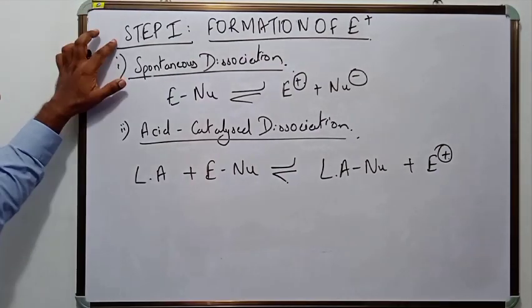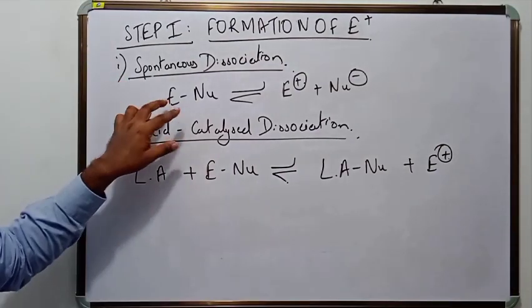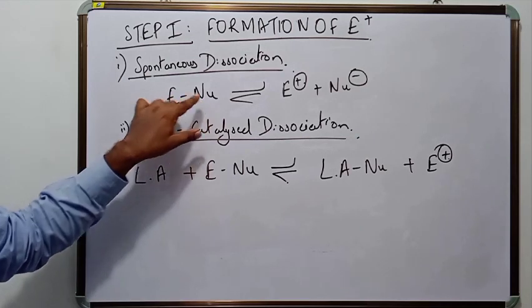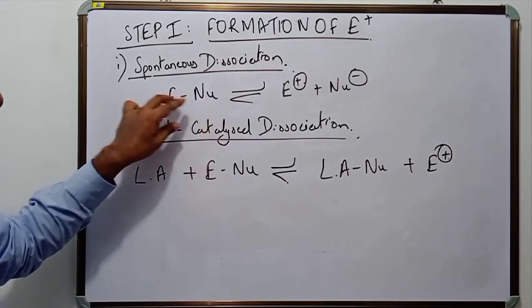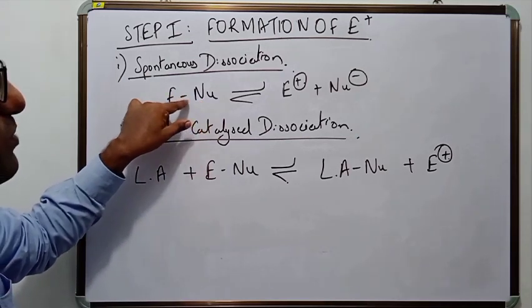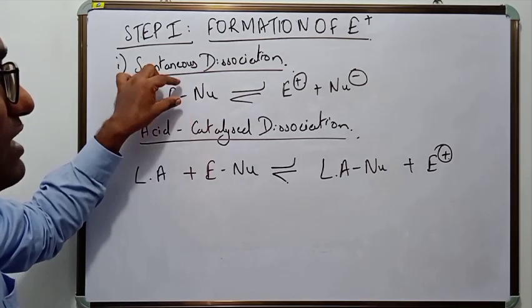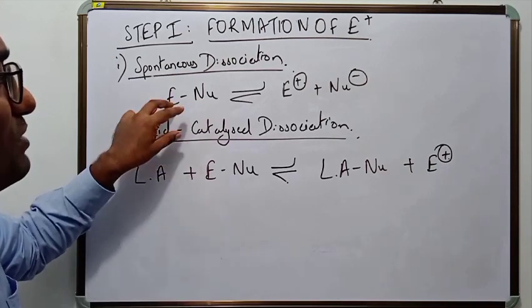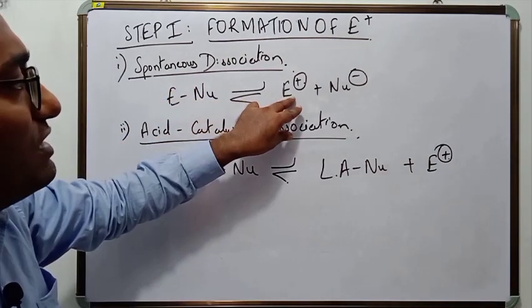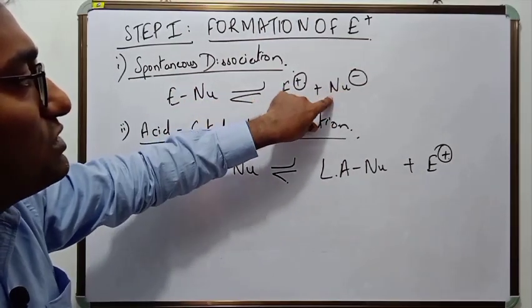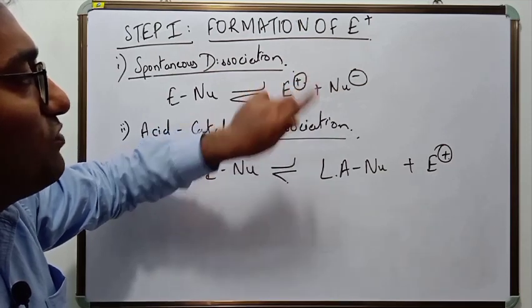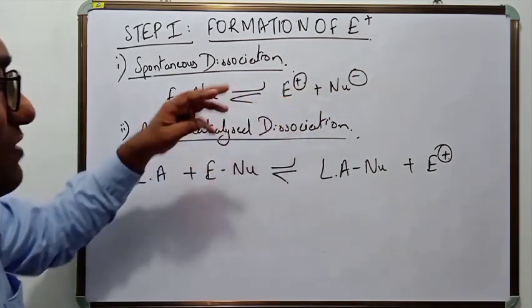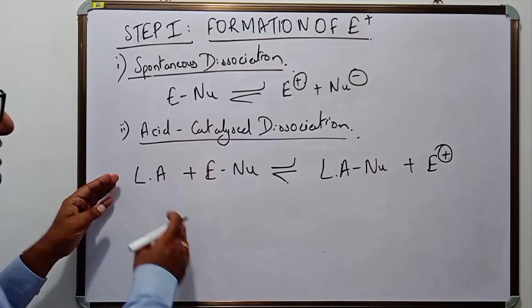So this is step 1, formation of electrophile. Any unsymmetric reagent, a polar unsymmetric reagent, the bond should be polar here, and ample dipole moment should exist between the positive addendum and the negative addendum. If such is the case, then it can dissociate by its own. E plus can be formed in this way, or otherwise we need an external reagent.